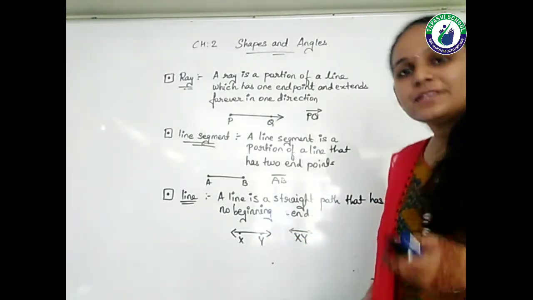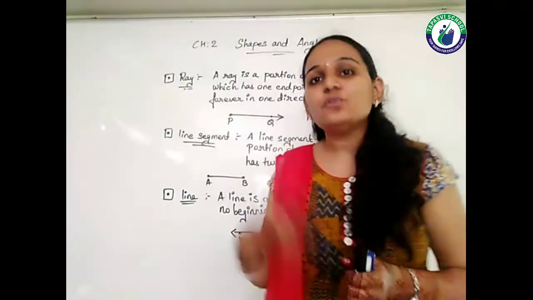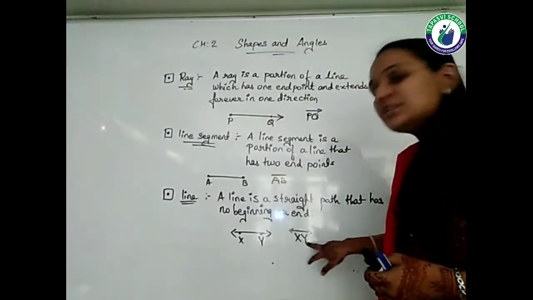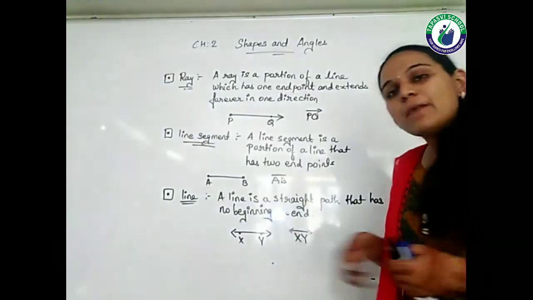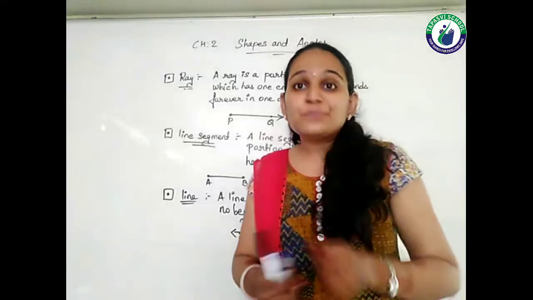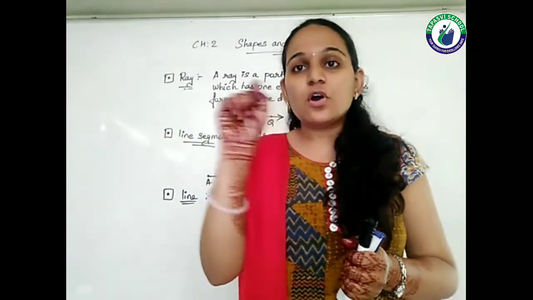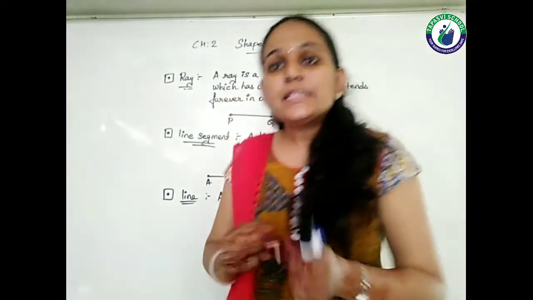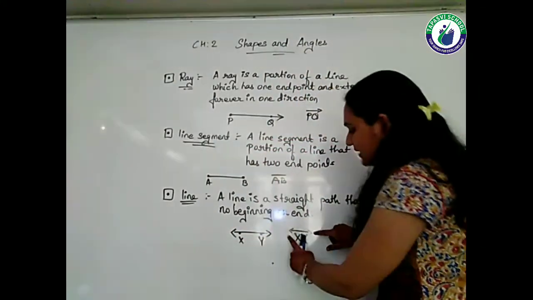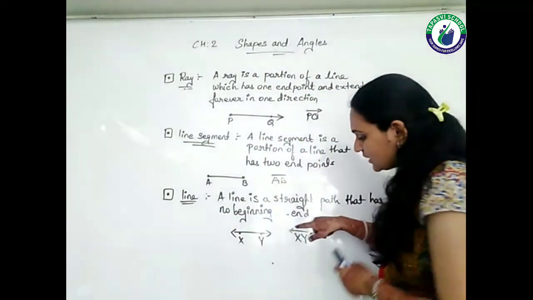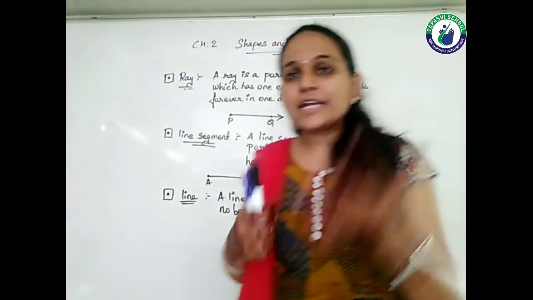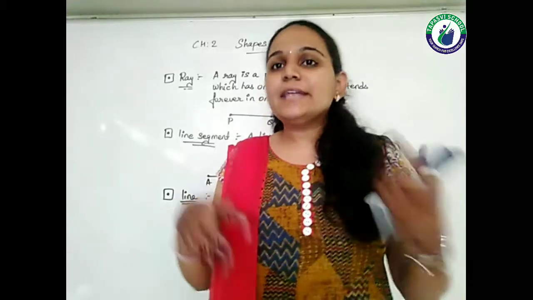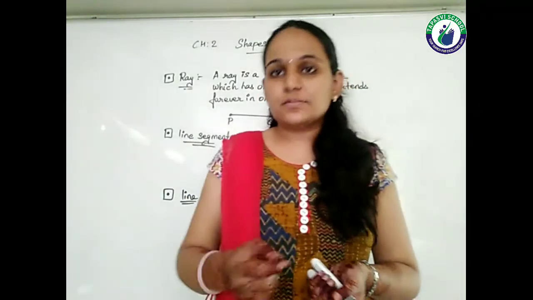And how do we represent it, how do we write it? See, this is how it is written. First you write the letters, and above that you need to draw the sign in such a manner that there are arrows on both sides. You can see an arrow here and an arrow here. The arrows describe that the starting and ending points are both not fixed, right?